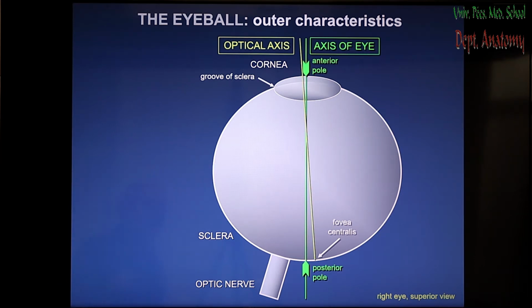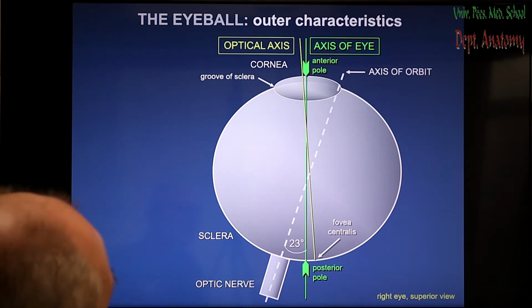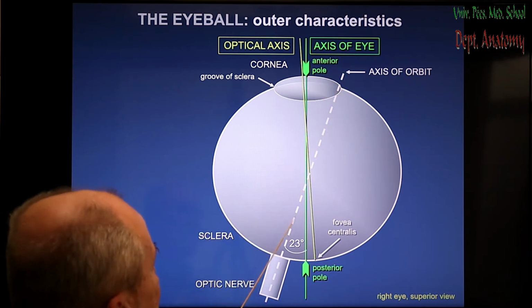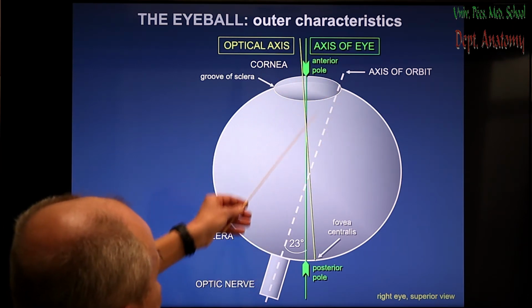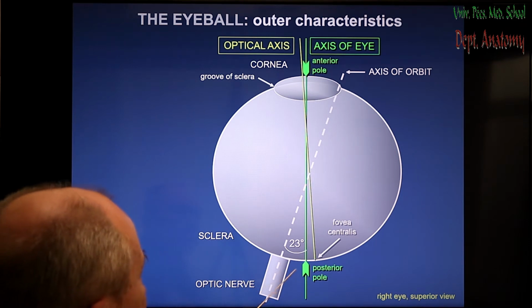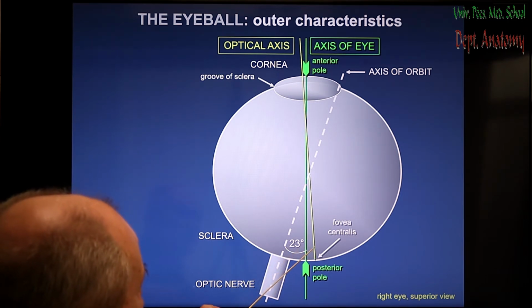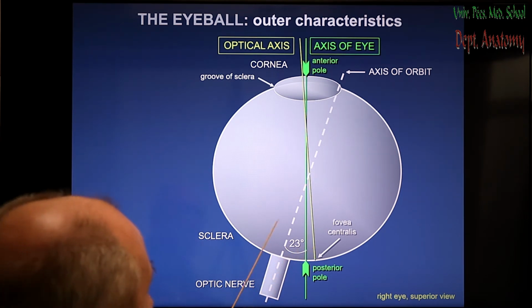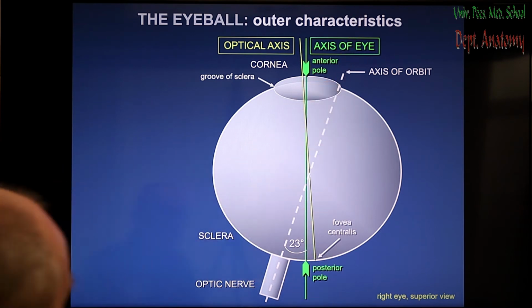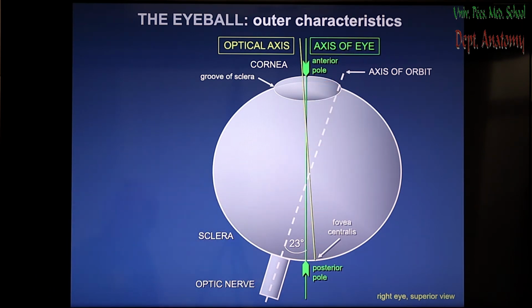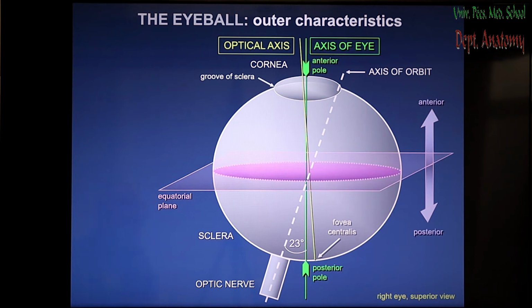Considering the axis of the orbit, again another deviation should be mentioned, since the optic axis and the axis of the orbit close something like 23-25 degrees because of the lateral anterior orientation of the axis of the orbit, as you remember it from the first semester from knowing the skull.